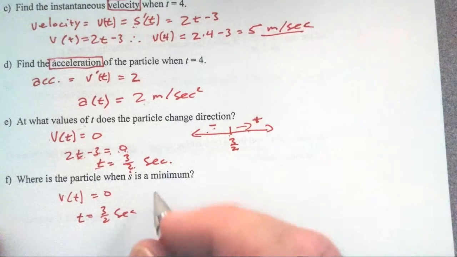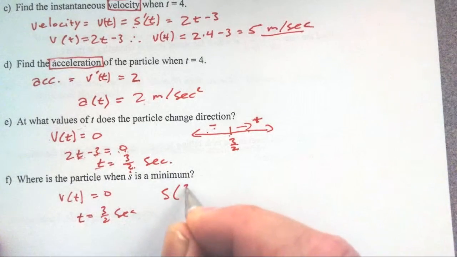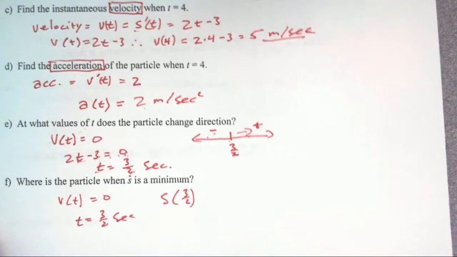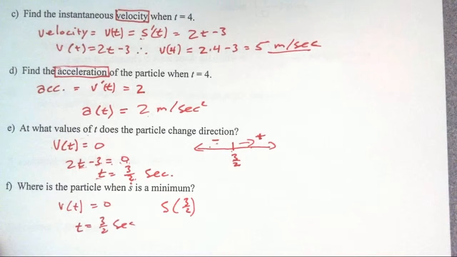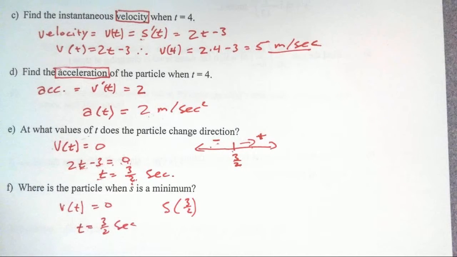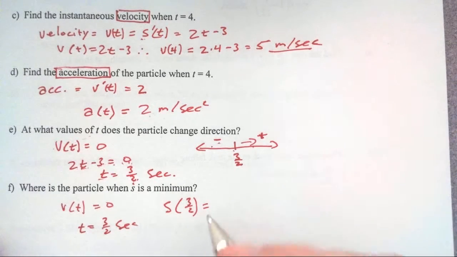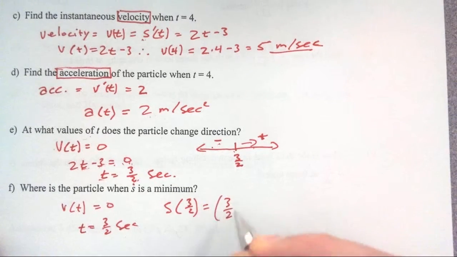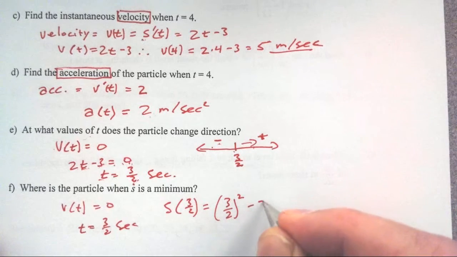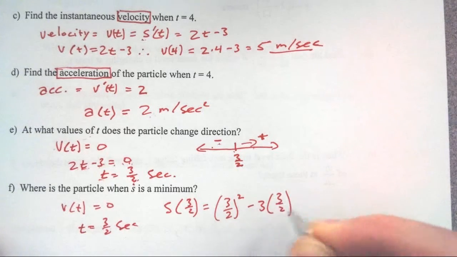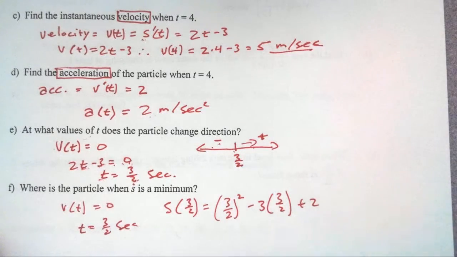So what I really want is S, the position, at 3/2. Being mechanical is going to be great. We cannot short-sell the mechanics, but we're going to have to think our way through and learn to think in terms of velocity, acceleration, position. So this gives us S as a function that squares things, subtracts 3 times them, and adds 2.